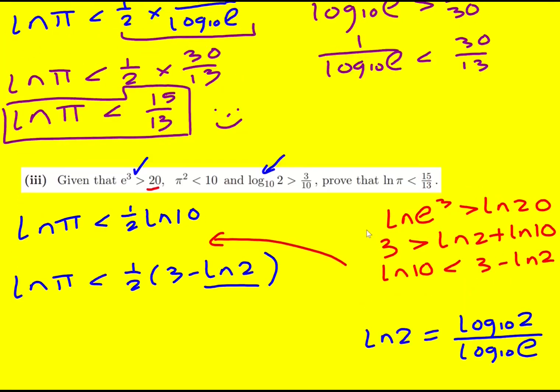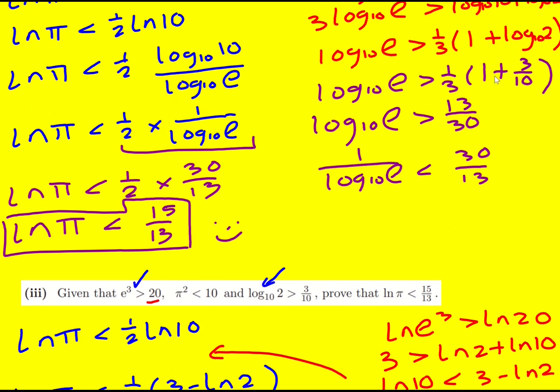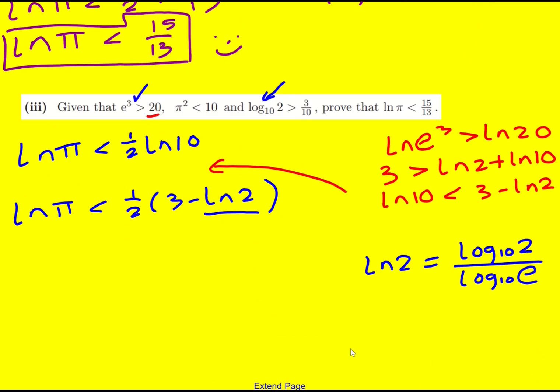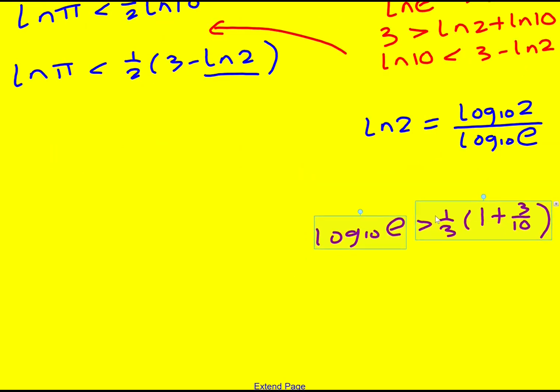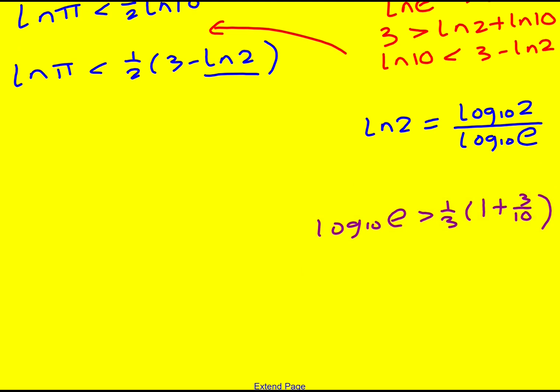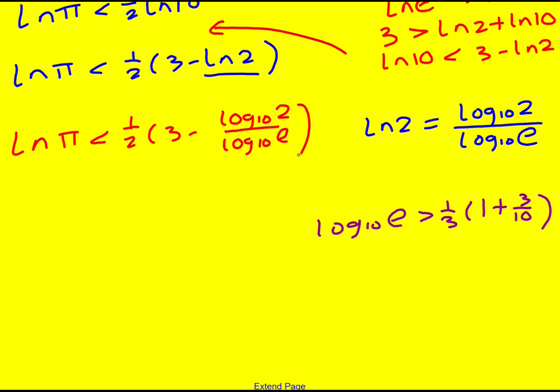And then I did all the stuff we did up here to get log to base 10 of e. Here it is. So piecing it together, we have ln pi is going to be less than a half times 3 minus log to base 10 of 2 over log to base 10 of e.